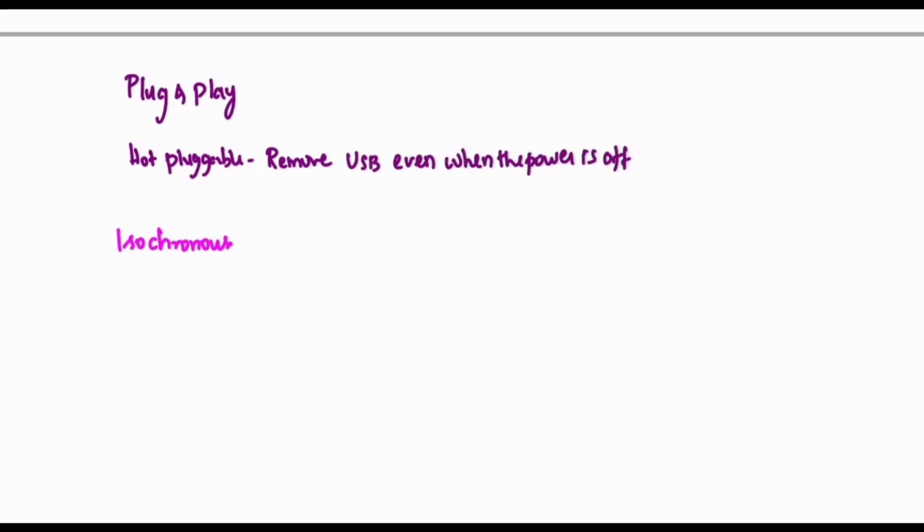Therefore, the user simply plugs in the USB device and begins to use it without having to get involved in any of this detail. So what does hot pluggable mean? It means a device can be plugged into or removed from the USB port while the power is turned on.